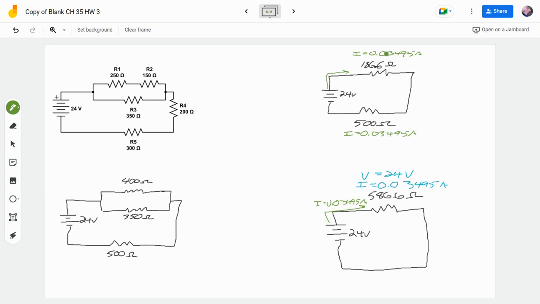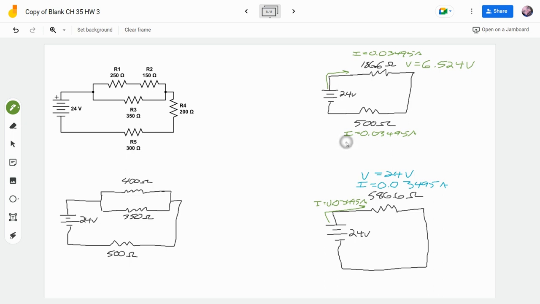Okay, so I know the I's and I know the R's. Your gut should be telling you, if you know I and you know R, you do Ohm's law and figure out what V is. So what's the voltage drop across this resistor? I is 0.03495 times 186.6, it should be 6 repeating. The voltage up here is 6.524 volts.